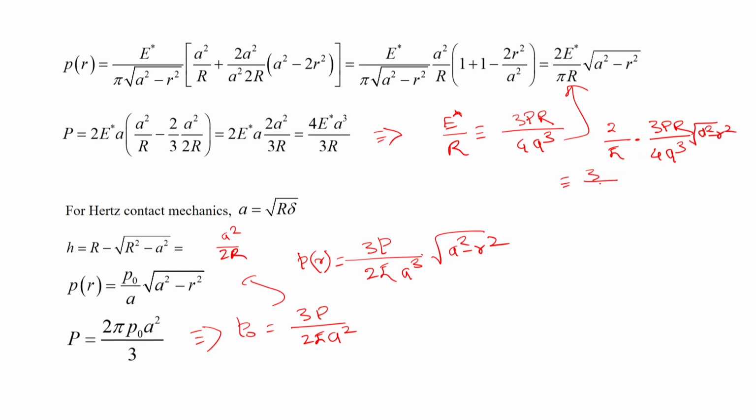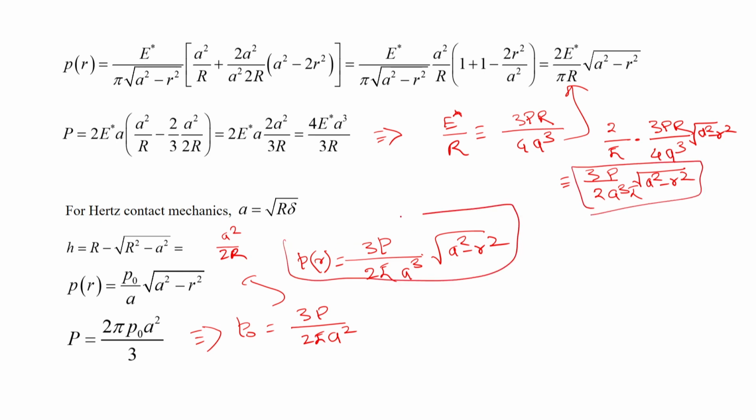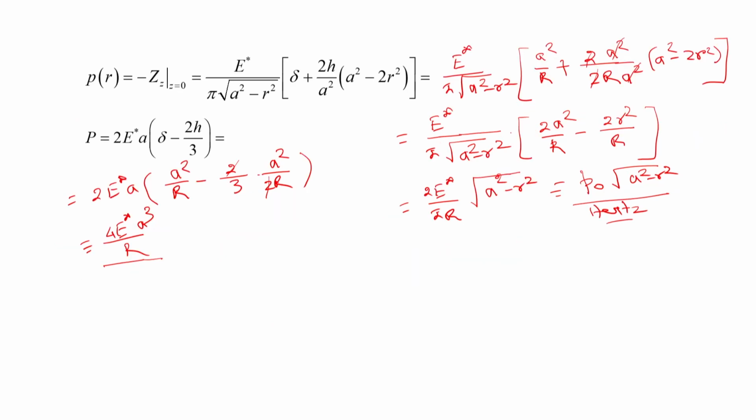It will be 3 by 2 into A cube over here, and this is P and square root of A square minus R square. So, 3 P by 2 pi A cube. So, basically you see this equation and this equation they match. So, in essence that is the point that I am trying to make, that in the Hertz contact mechanics, this particular approximation was made, that R is much larger than A, and this approximation is also made, and that makes the relations that we derived in this formalism converge.